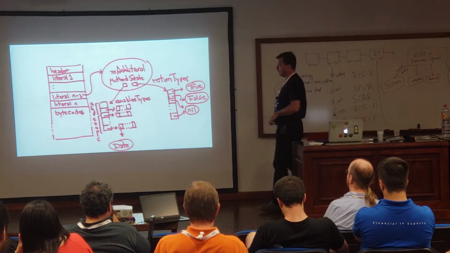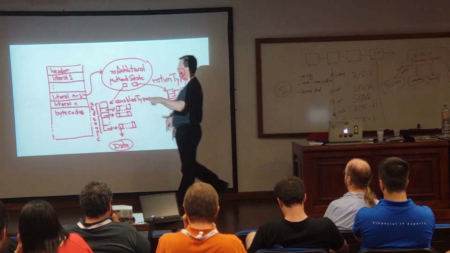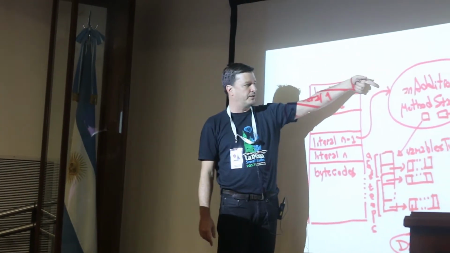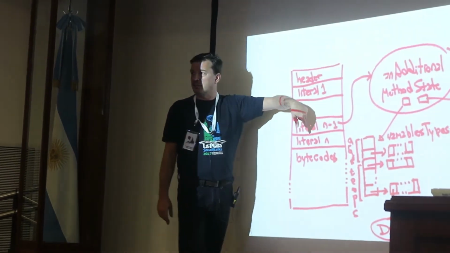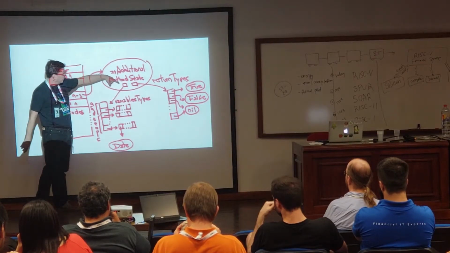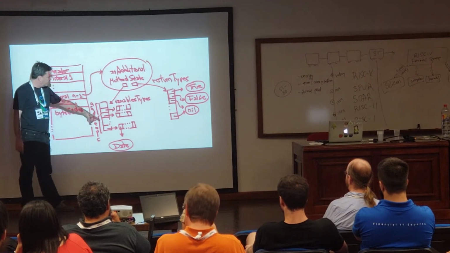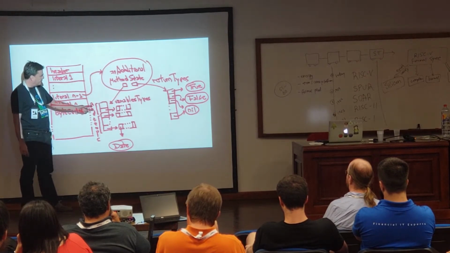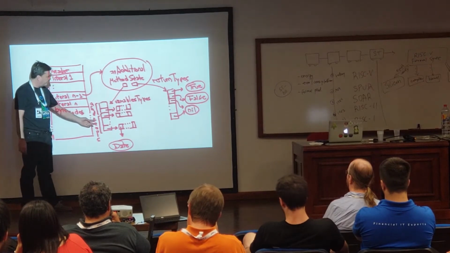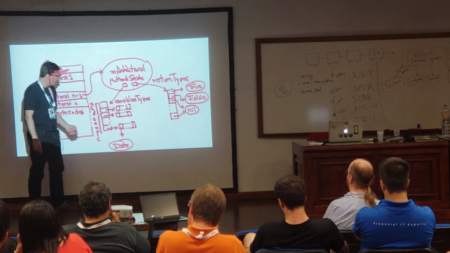And it's the same idea. This is a method, so the previous to the last literal points to the additional method state. That's something that already exists in Faro and Squeak. And you have a pointer to that array, where the first elements are the parameters, and the last elements are the temporaries that point to their arrays.